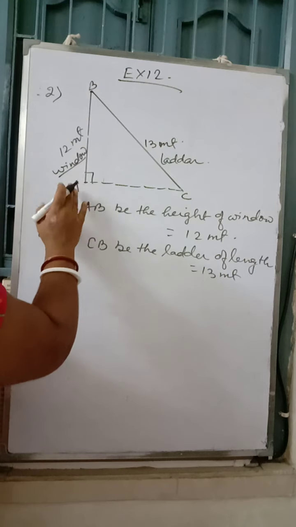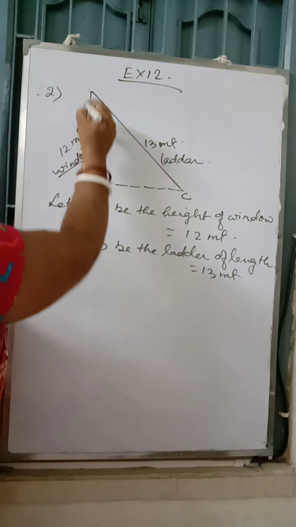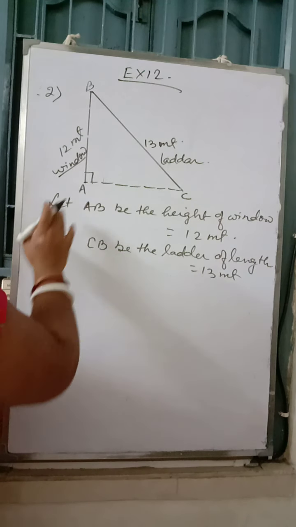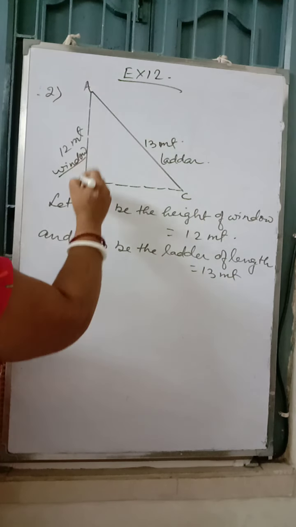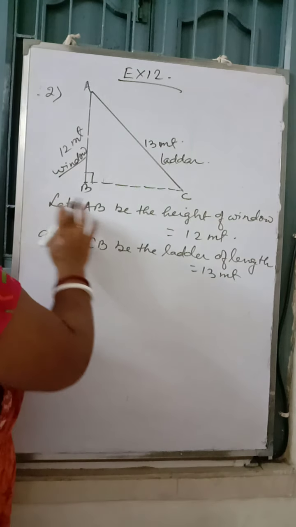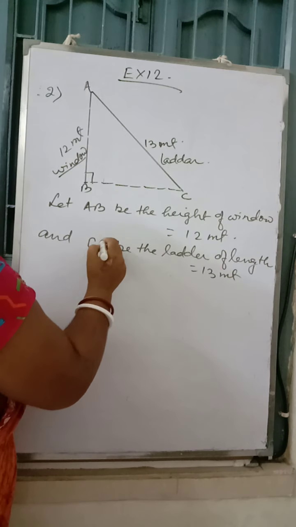So we have to find the length of, maybe here I am writing A, B, C, or maybe this is A, B, C, then it is okay. Again, otherwise you will confuse, is it? So AB be the height and CA be the ladder.